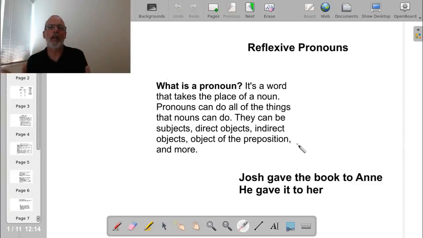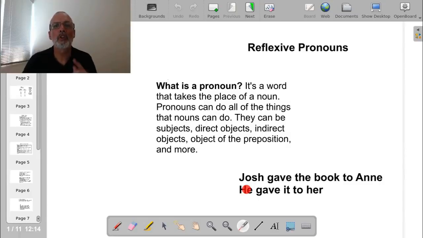Now we can only do that when both the speaker and the listener know what the things refer to. So if we want to replace the nouns in this phrase, we can say, he gave it to her. So here we have the subject.